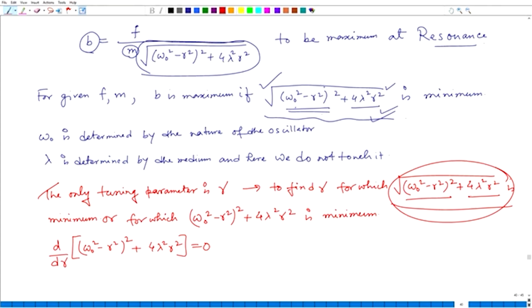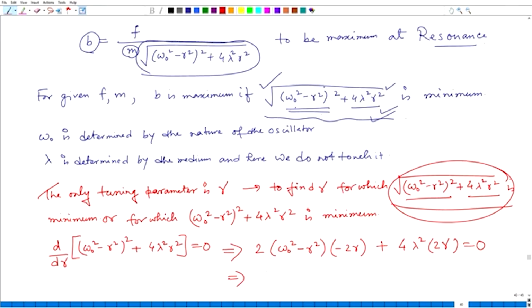So, 2 times omega 0 square minus gamma square times minus 2 gamma, plus 4 lambda square times 2 gamma is equal to 0. So, this will go away.